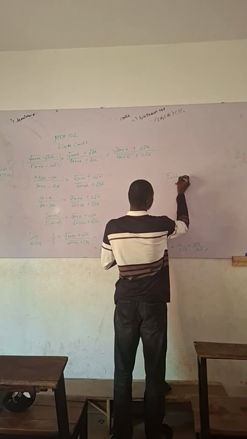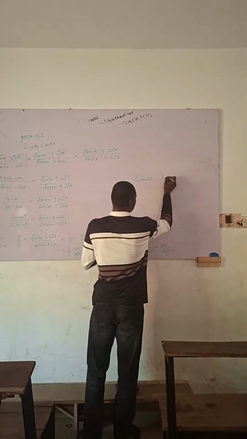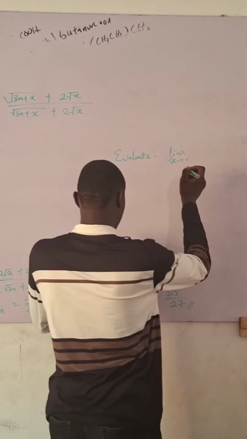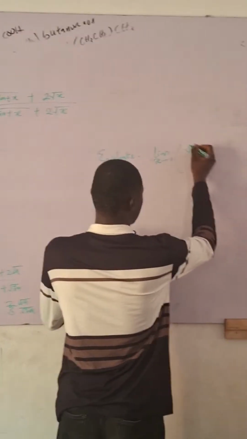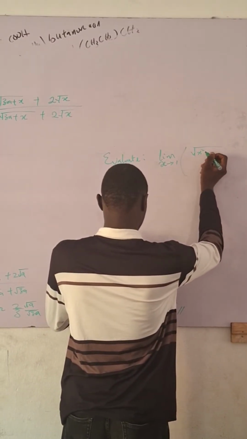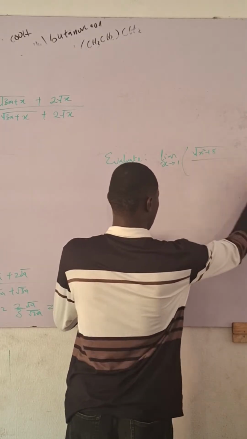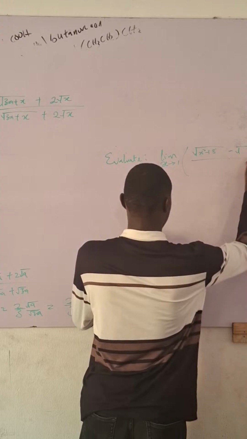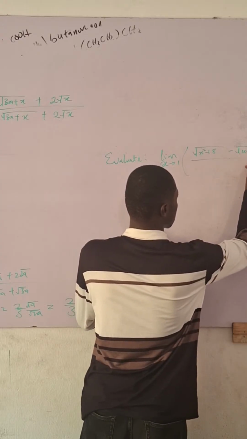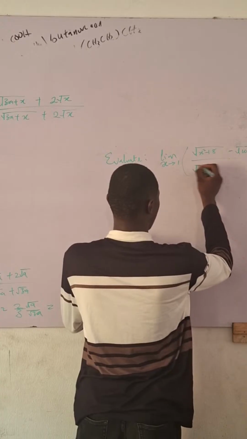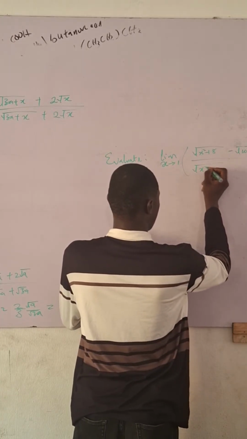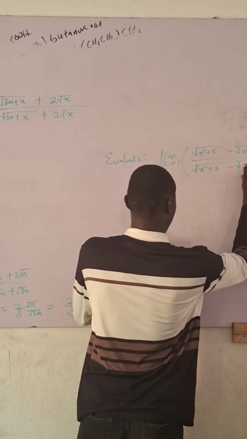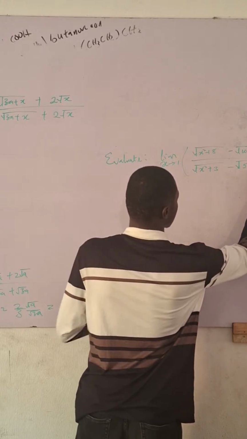Evaluate the limit of x approaching 1 of square root of x squared plus 8 minus square root of 10 minus x squared, over square root of x squared plus 3 minus square root of 5 minus x squared.